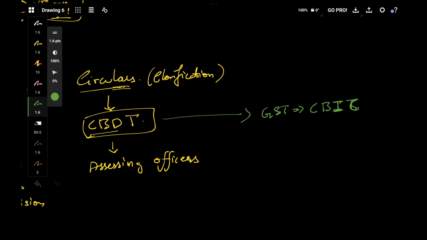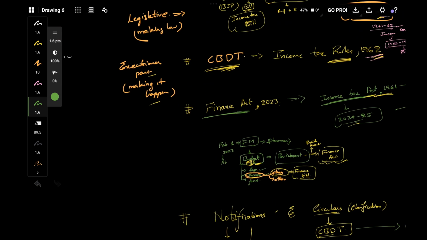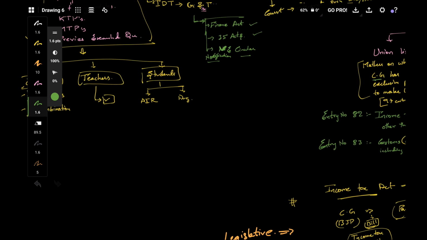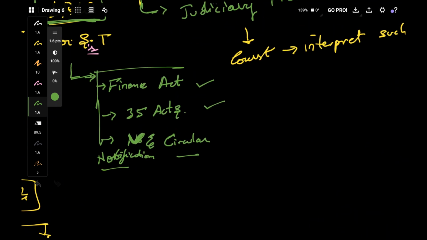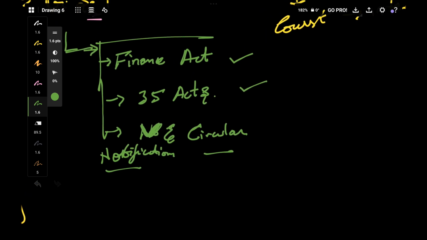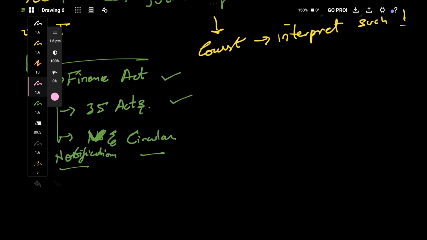So let's move on. What are these 35 acts? I think you are very much surprised with this number, but it's not that hard. The number is correct, but that's not that important.